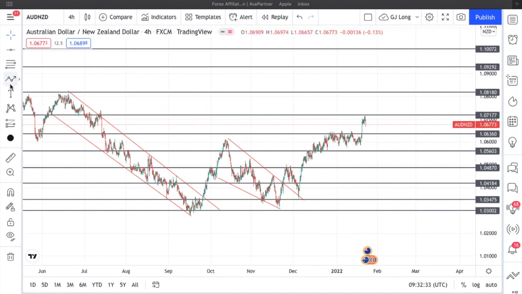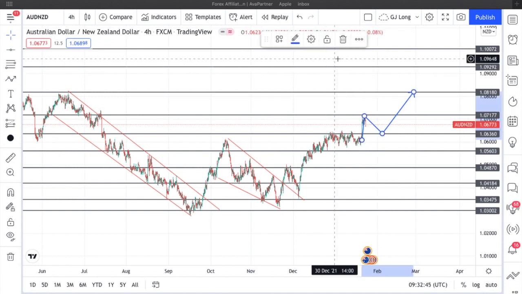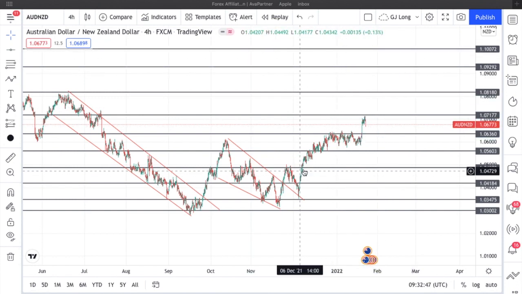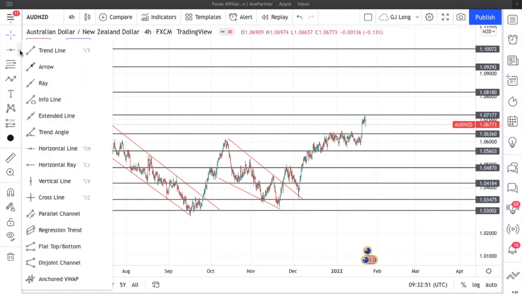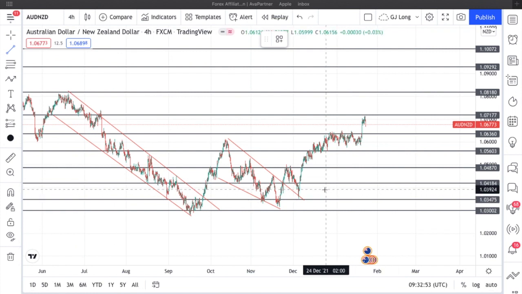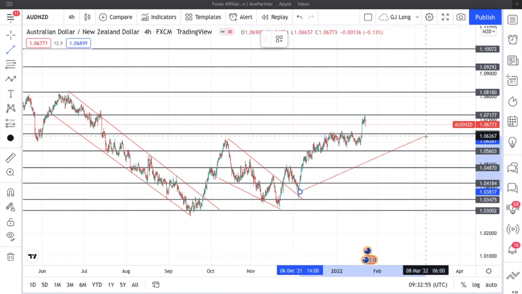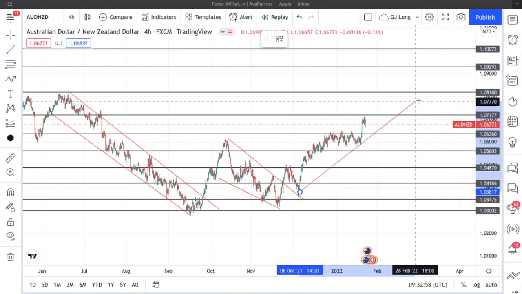So what we will anticipate here on the 4-hour time frame, since the breakout has happened, is a pullback and then a continuation, you understand? Okay, so for that to happen, you can see that clearly we have an uptrend, right? So we can also draw another trend line like this, maybe from the low.